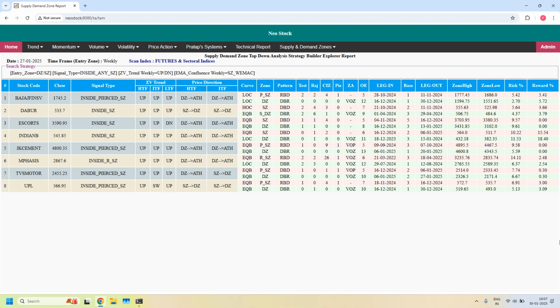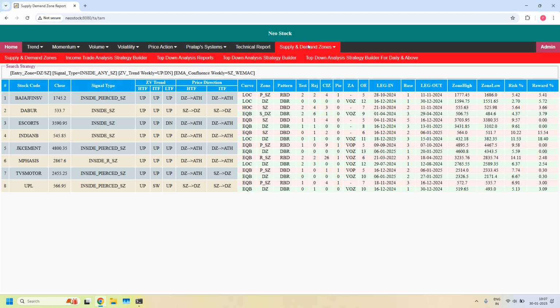We got 8 stocks. From 21 we got 8 stocks. These 8 weekly supply zones are having weekly EMA confluence, and a few supply zones are also pierced supply zones. They are useful for applying pierced zone strategy, taught in lesson 28. Okay, this is about weekly time frame.